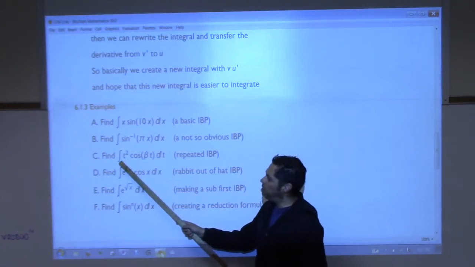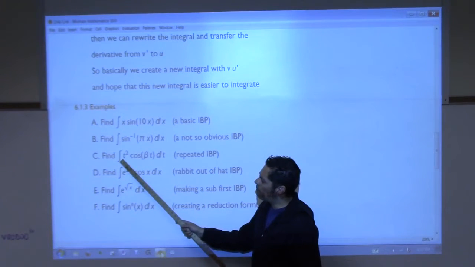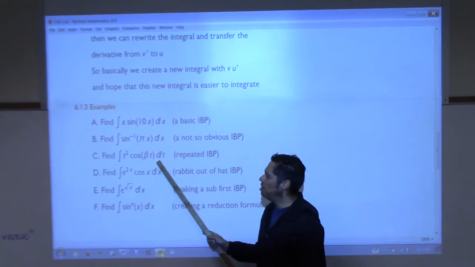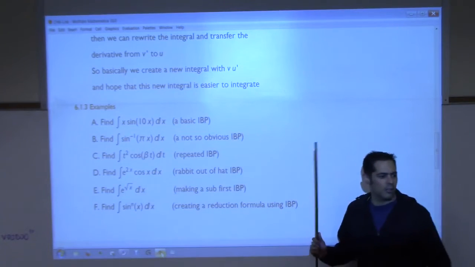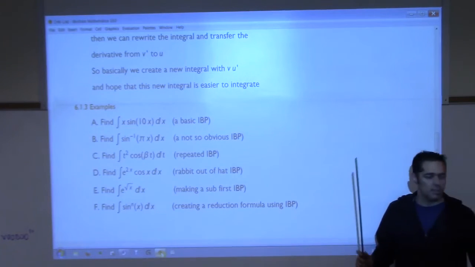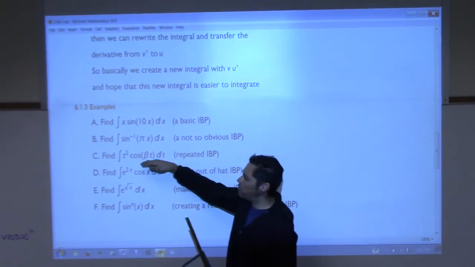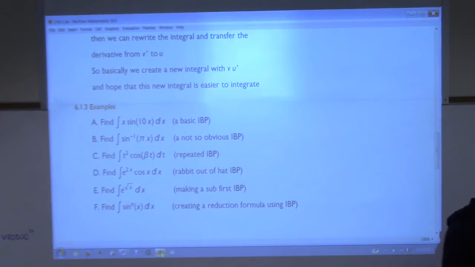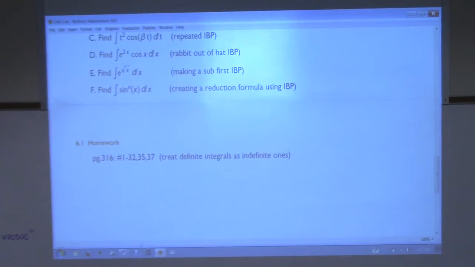We did this one, but I used a different one, I think x squared cosine x. And because of the squared, we had to repeat the integration by parts twice. So that's an example of repeated integration by parts. And then this last one we're going to be able to do today is what I call pulling a rabbit out of a hat, which is kind of like magic.